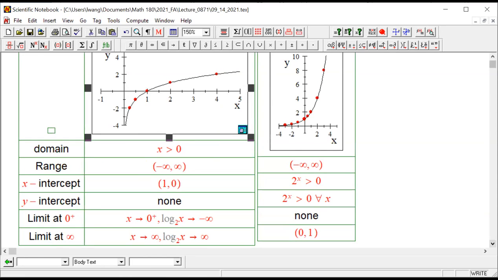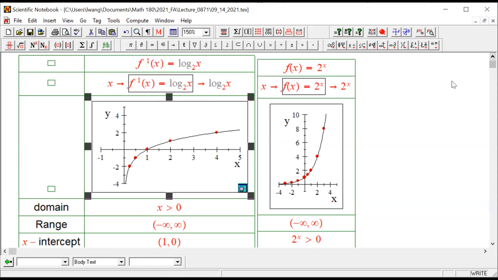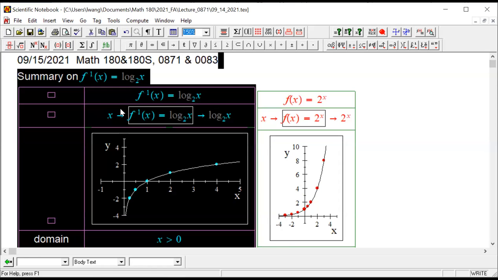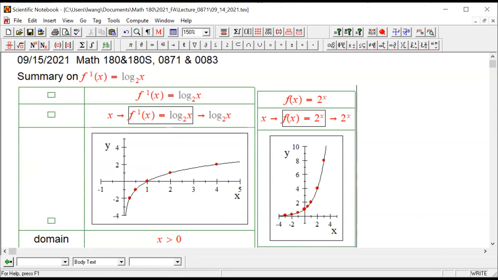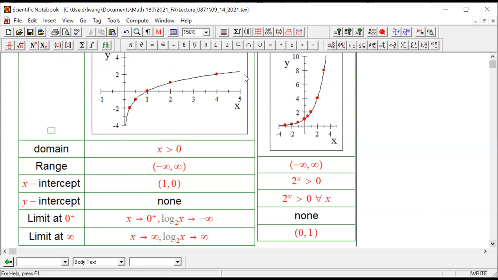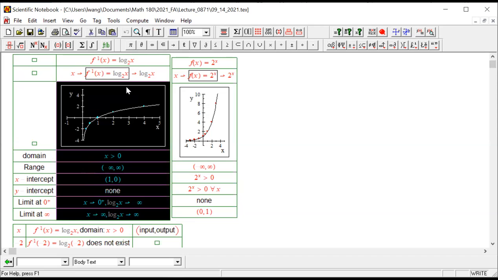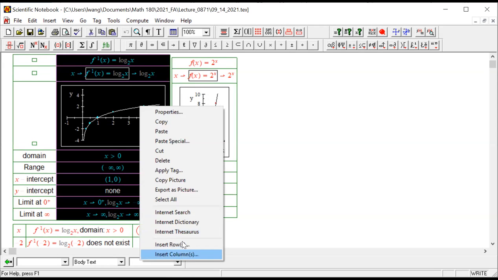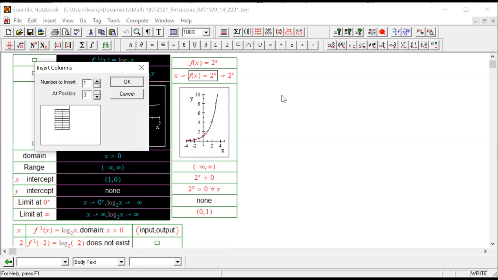So now, what I like to do is make another column. I want you guys to make this table better organized. Let's make this table better organized. So I'm going to put another column here, and I'm going to make one table.